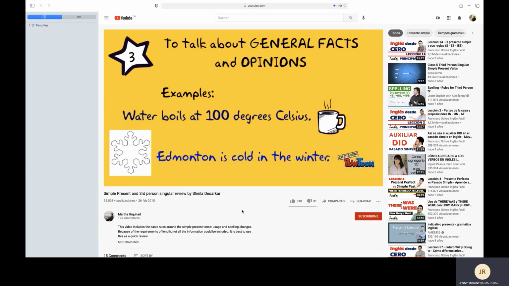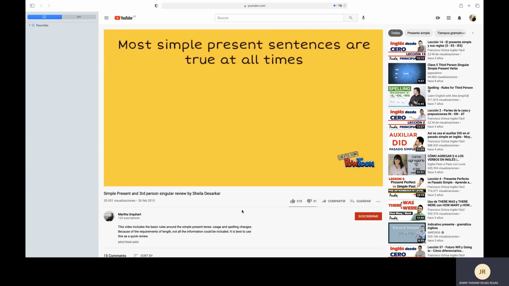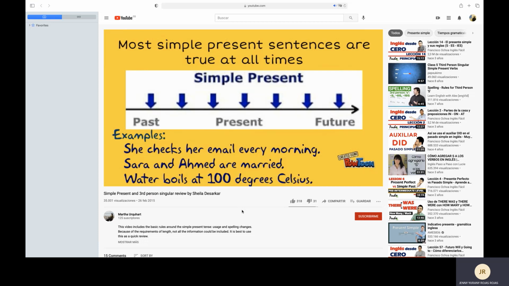For example, water boils at 100 degrees Celsius and Edmonton is cold in the winter. Most simple present sentences are true at all times. These examples are from previous slides. They were true last year, today, next week, and should continue to be true in the future.